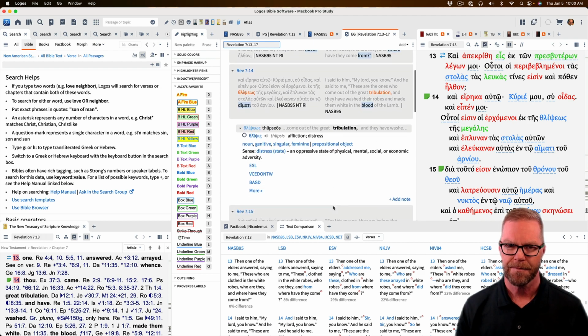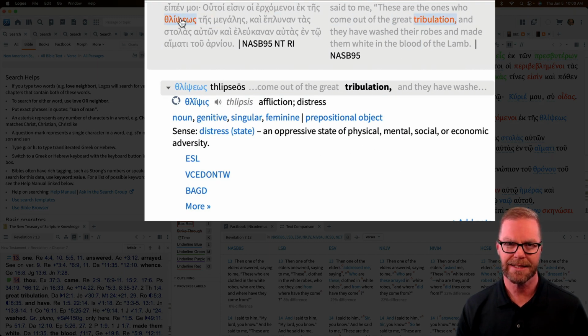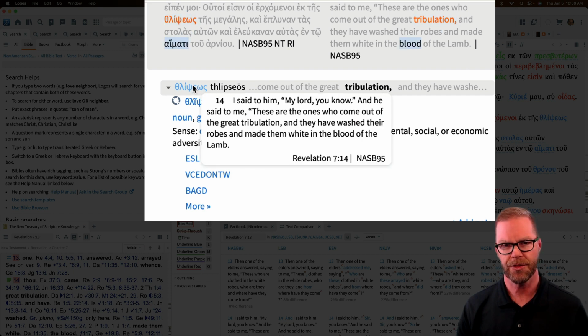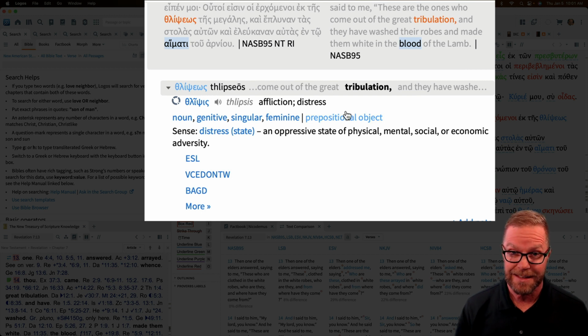And notice what it does is it highlights these words. It shows you thlipsis right here. It gives you a transliteration of it in the English. It even pronounces it for you. Check this out. Thlipsis. So you have thlipsis.